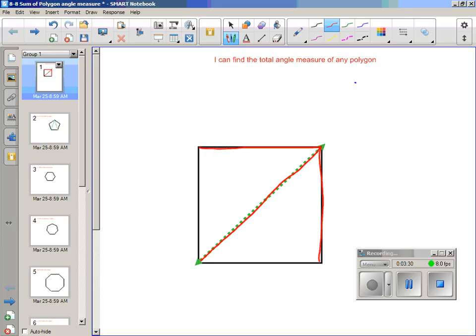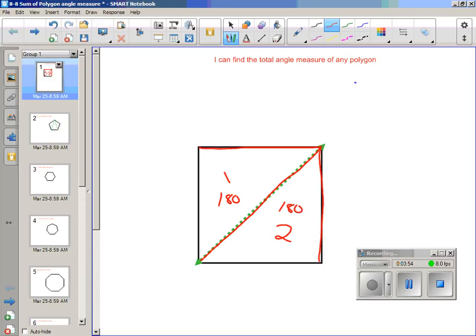How many triangles do we make? We have 2 triangles. We have one triangle here and a second triangle here. What is the sum of the angles of this triangle? These 3 angles add up to 180. So this is 180, and then this one down here is 180.